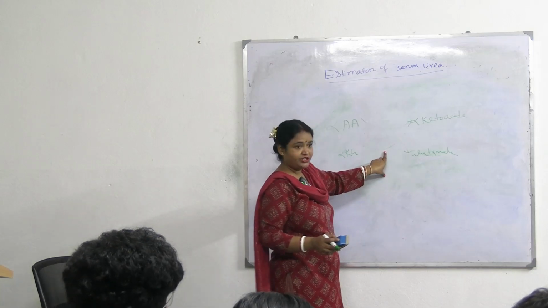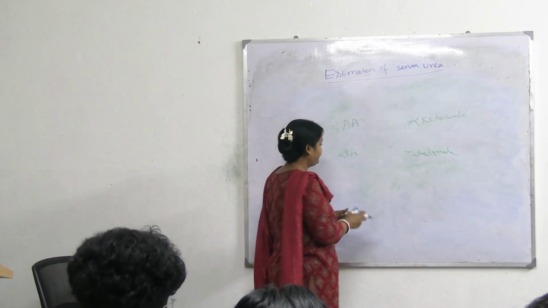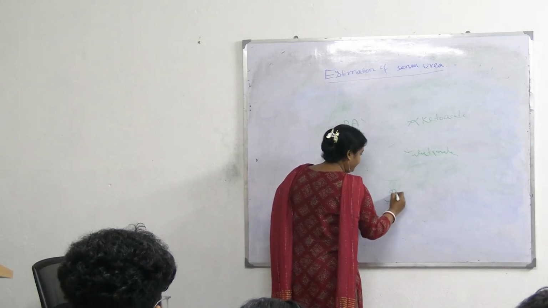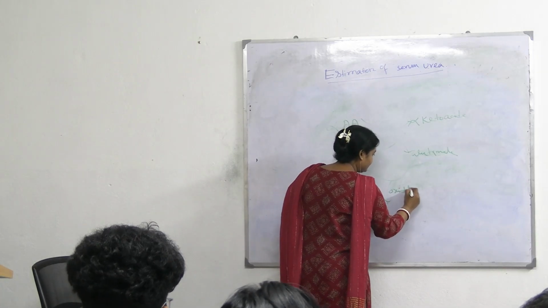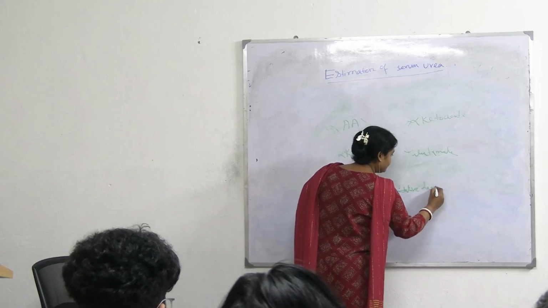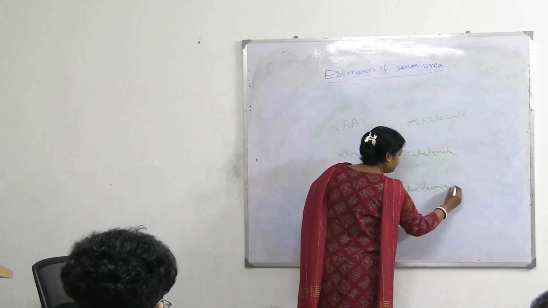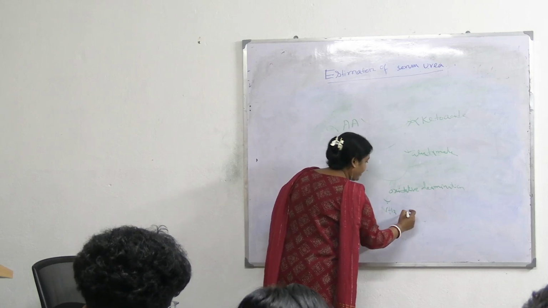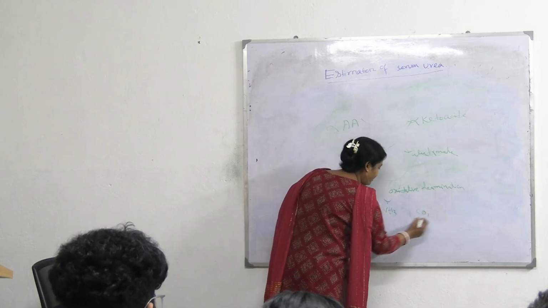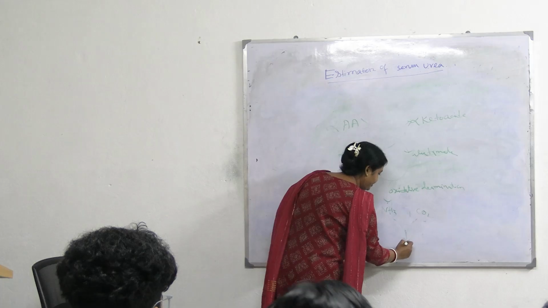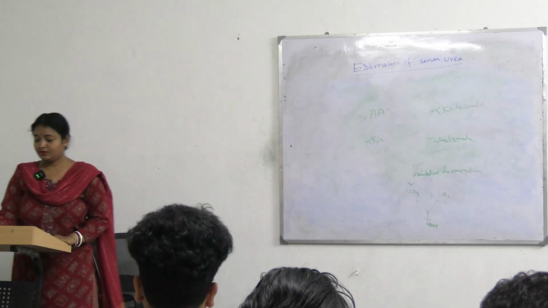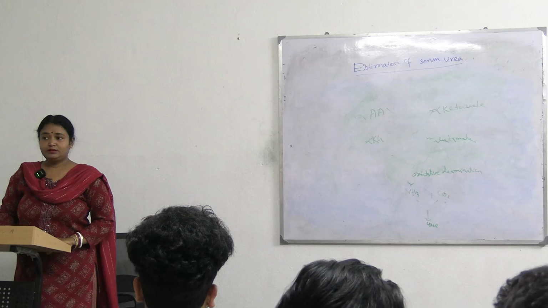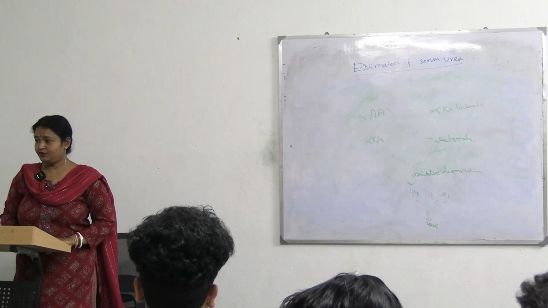This is the transamination process. From here, it will be oxidative deamination. Ammonia will be formed and carbon dioxide will join from outside and it will form the urea. Now, can I move on or do you want to write?